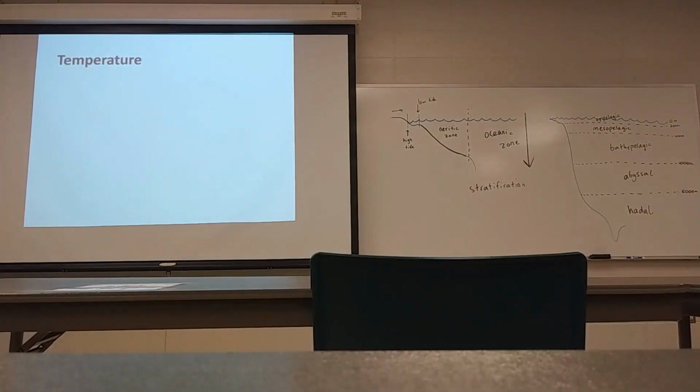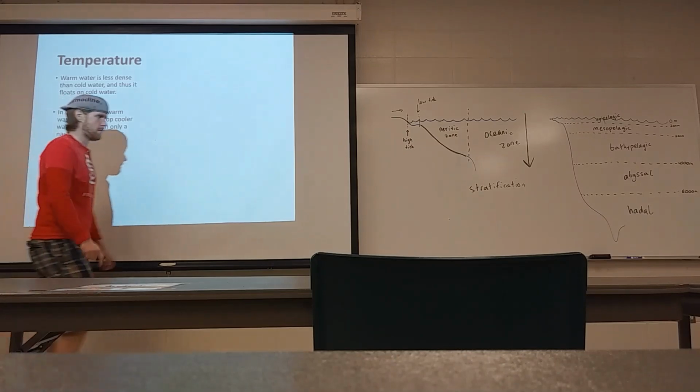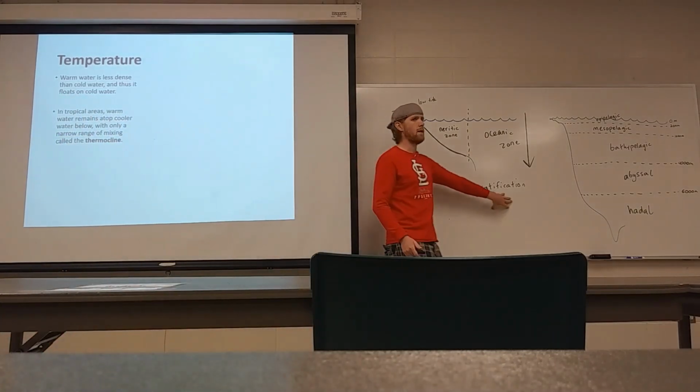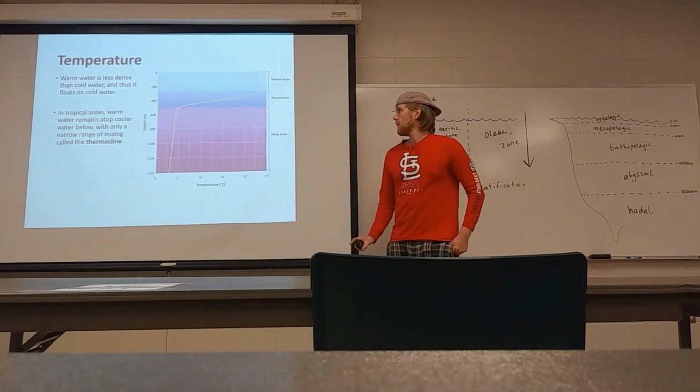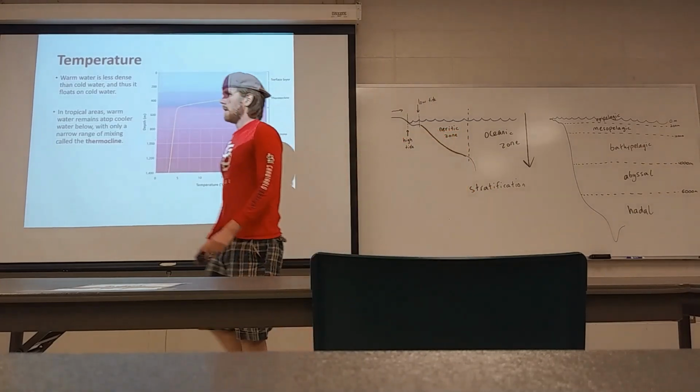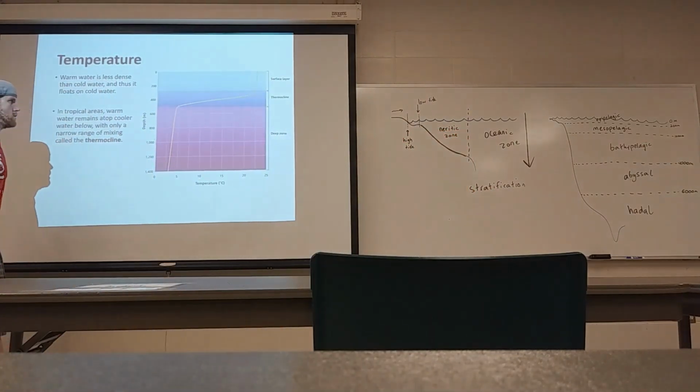Let's talk a little bit about temperature. Warm water is less dense than cool water, and so if you have both warm and cold water, warm water is going to float on top of cold water. In tropical areas, what we see is what's called stratification, thermal or temperature stratification. This is what temperature looks like in a tropical oceanic environment.